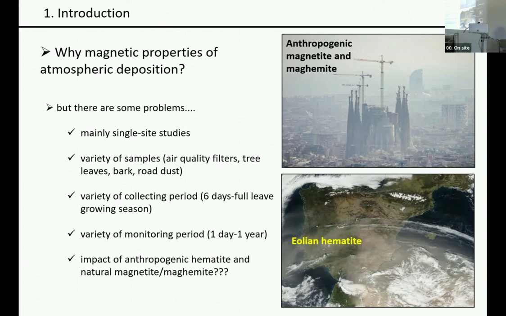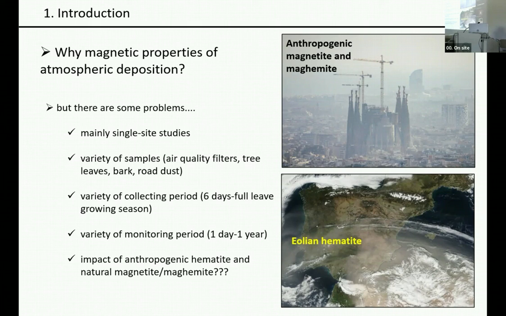which ranges between a few days and a full year. And this also has variety in the impact that some anthropogenic hematite might have on these studies, and also in the possibility that magnetite and maghemite is not only anthropogenic, but comes also associated with aeolian dust.